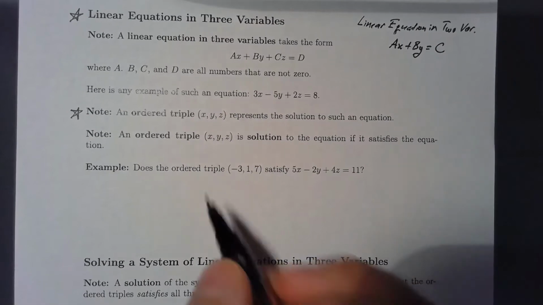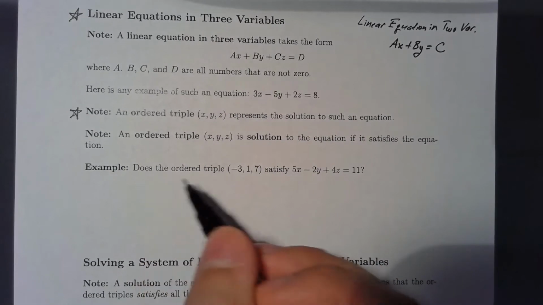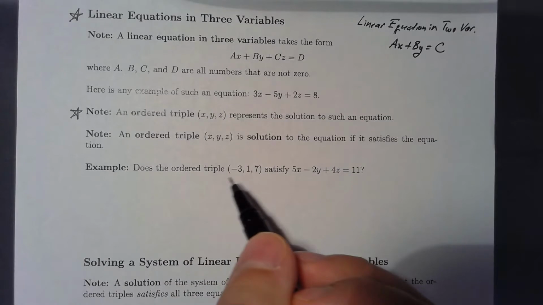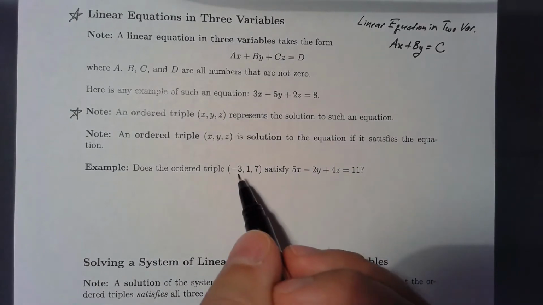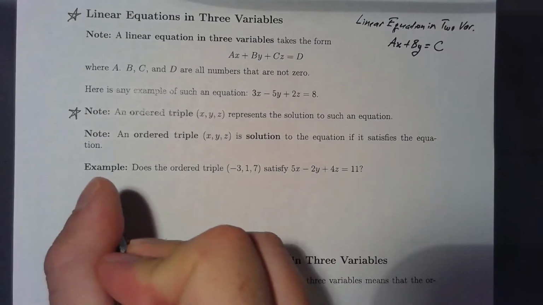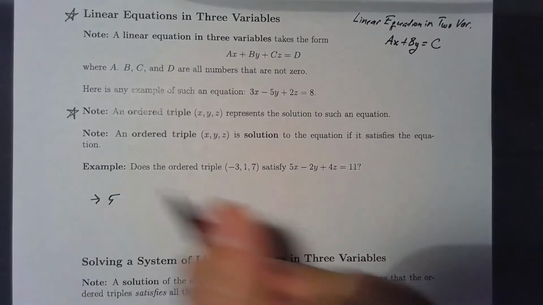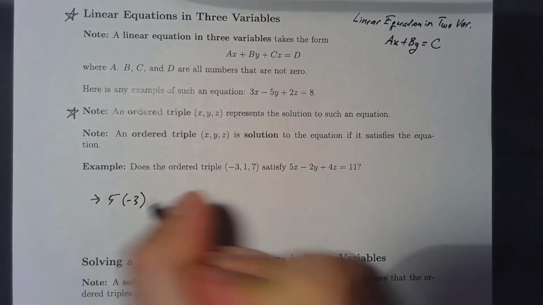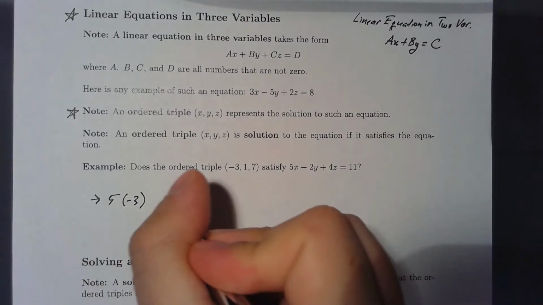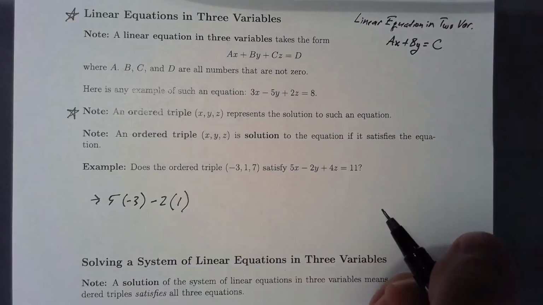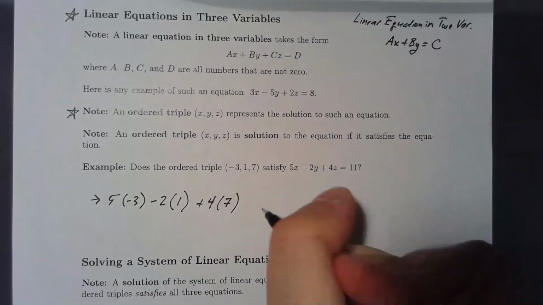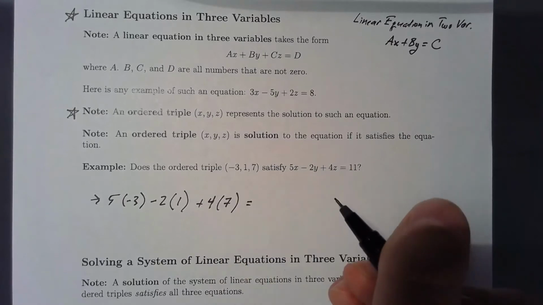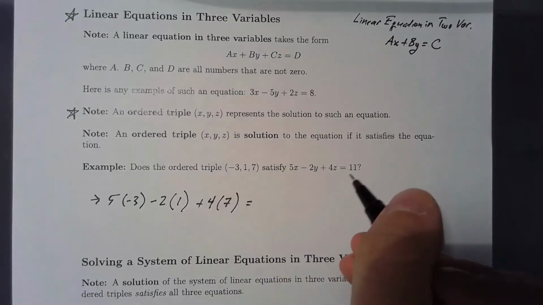So this is a very straightforward example. If we want to verify that this ordered triple satisfies this equation, just plug it in here. I have 5 times x, which is -3, minus 2 times y, which is 1, plus 4 times z, which is 7. If you do the math on that, hopefully you get 11.